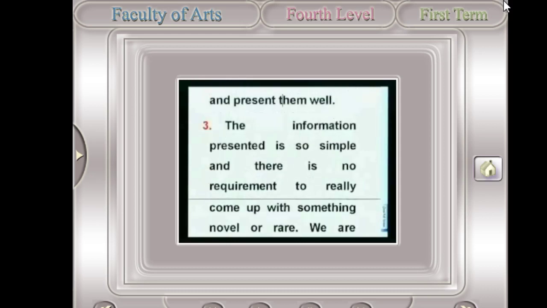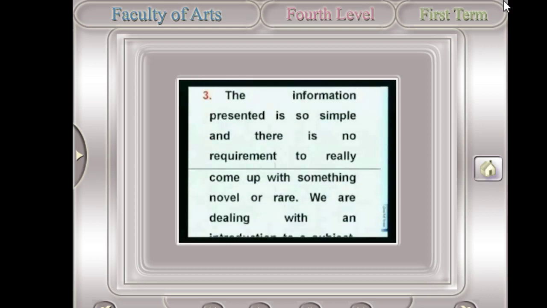Now, we move on. The information presented is so simple, and there is no requirement to really come up with something novel or rare. We have simple information concerning Arabic and English and the comparison and contrast between them. We don't bring something novel. Novel means something really new or something rare.